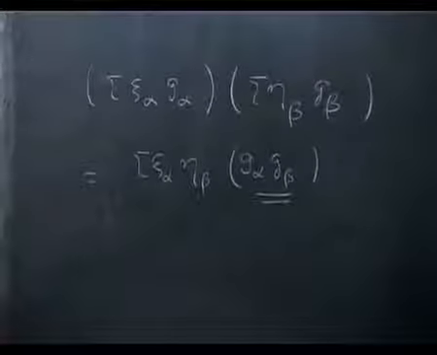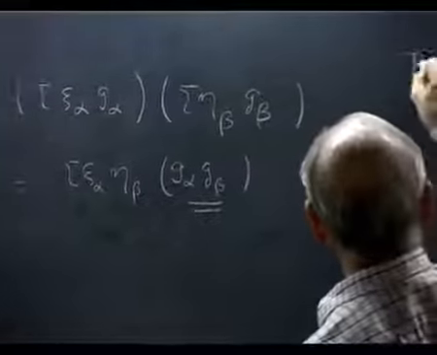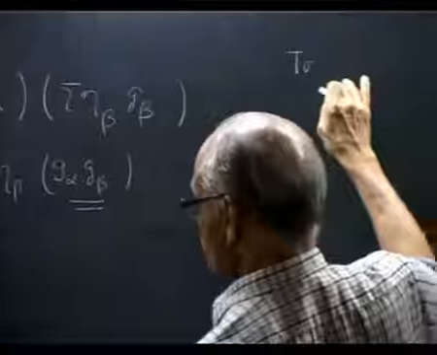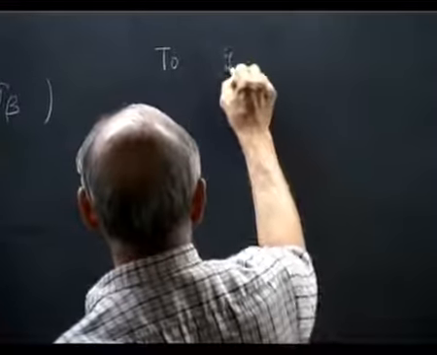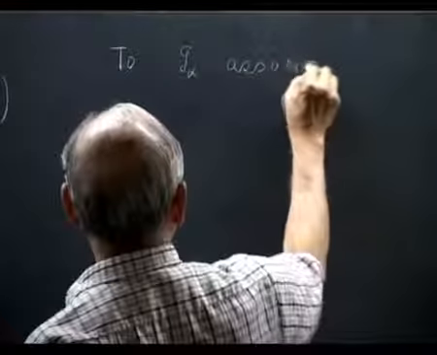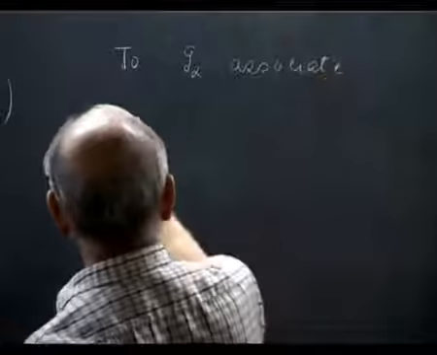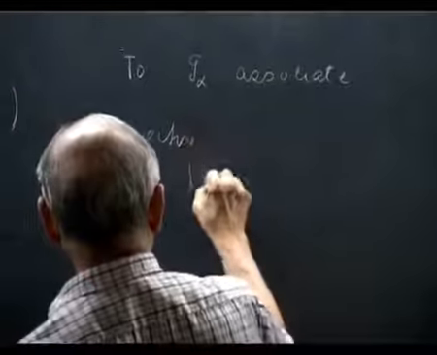Now what you do is the following: to each element, let's say each G alpha, associate a vector, the ket G alpha.